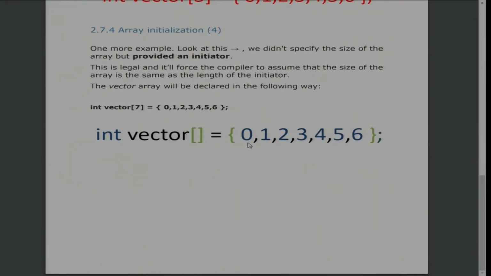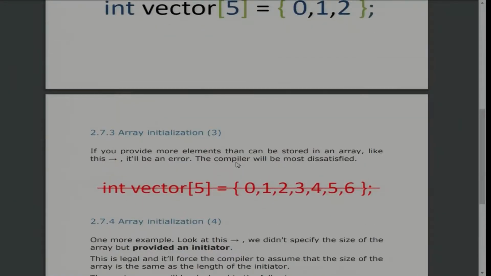In this case, that would be 1, 2, 3, 4, 5, 6, 7. It will assume that the number of elements of that array should be 7. Okay.